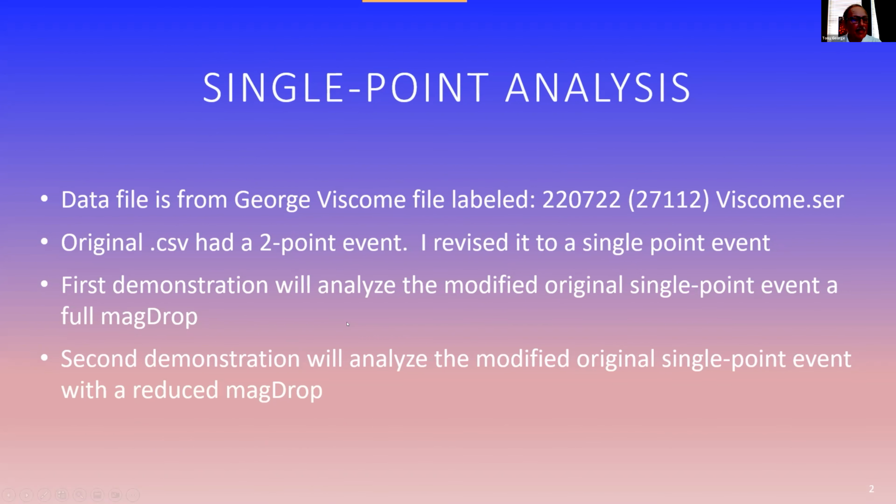So I'm going to do 2 demonstrations with the single point tool. One's going to analyze that modified single point event, but at the full mag drop. And then I'll do a second demonstration on a different CSV file where I modified the single point to a reduced mag drop. So you can see the difference between those 2 processes.